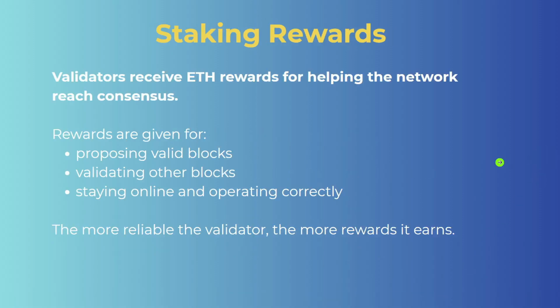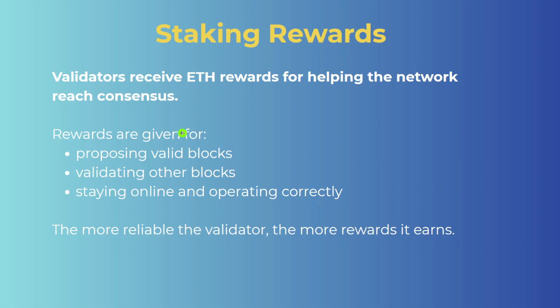Let's talk about staking rewards. Validators receive ETH rewards for helping the network reach consensus. Reaching consensus means that all the nodes agree upon a result. For example, all the nodes are agreeing that I have sent ETH to Alice.